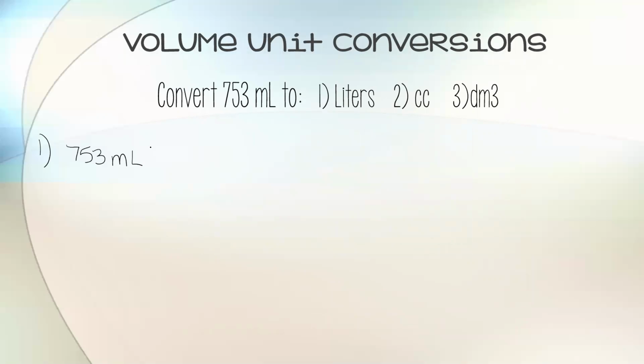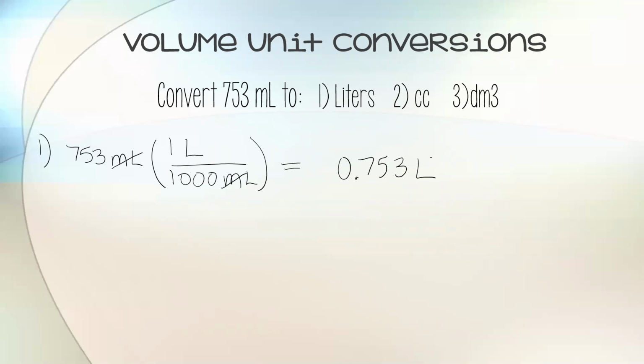So I start with that. 1 liter, because I'm going to liters on the top, is equal to 1,000 milliliters. That's going to go on the bottom because the milliliter has to cancel milliliter. And then you just do the math. 753 times 1 divided by 1,000. And you get 0.753 liters. That's your final answer.